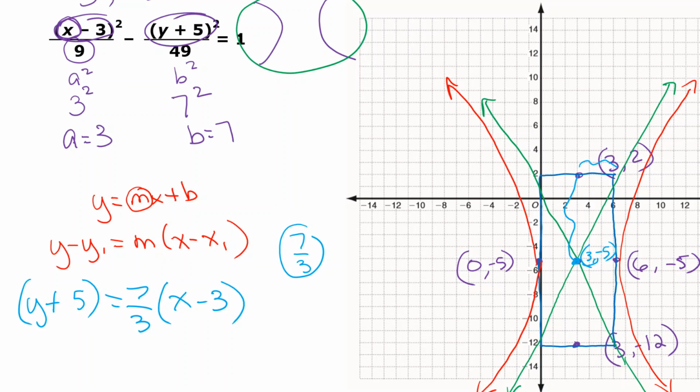Now, I also have another line, and that is going rise 7, run negative 3. So that is negative 7/3. The equation for that is going to be the same thing, x minus 3. So we end up with y plus 5 equals plus or minus 7/3 times x minus 3. And that's it.